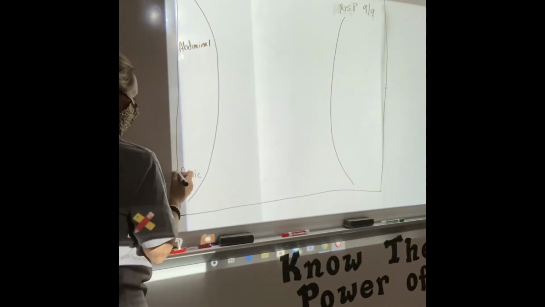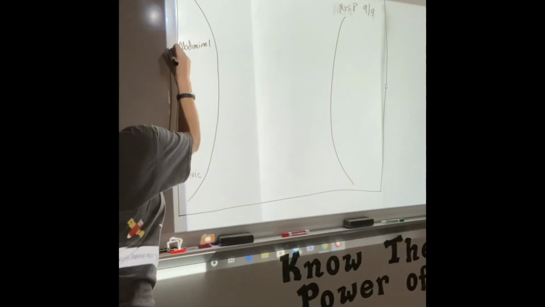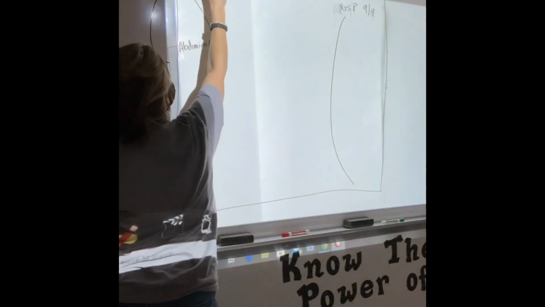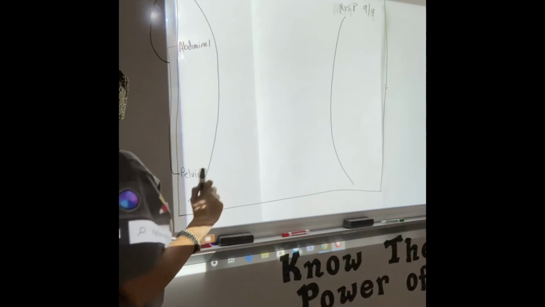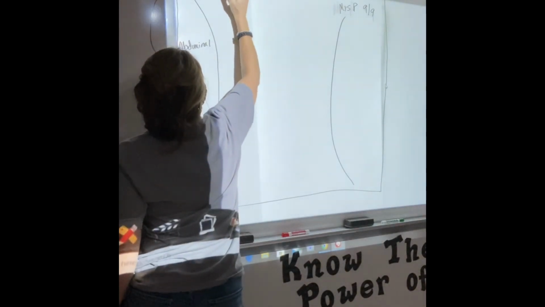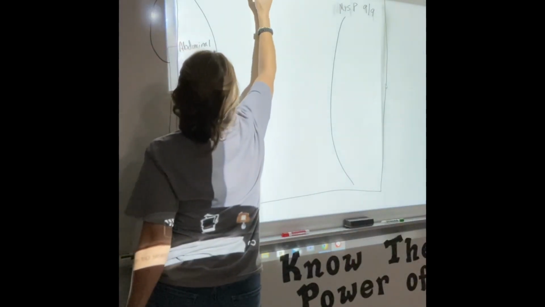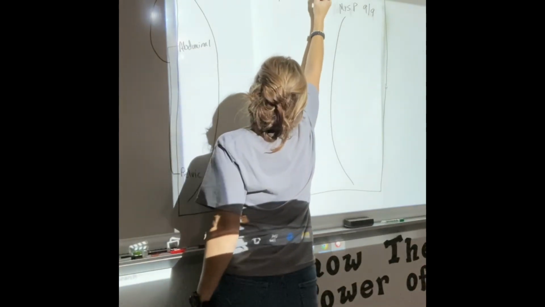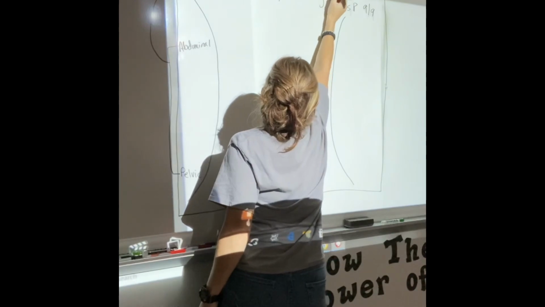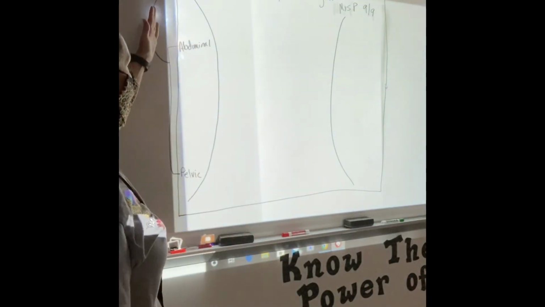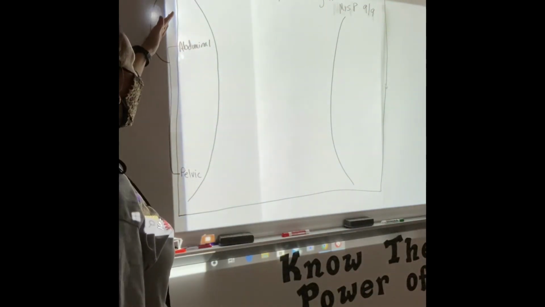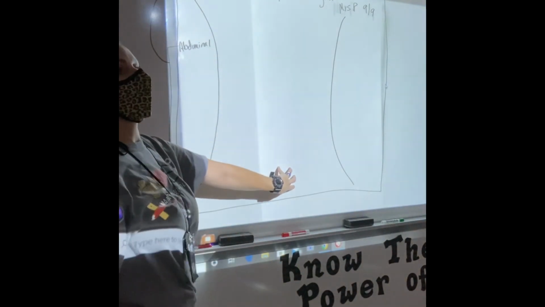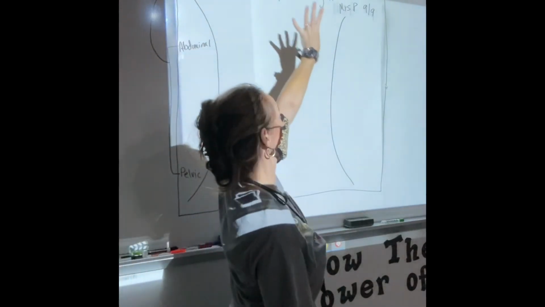Then take a little arrow, connect the two words, and come with another little arrow up here. Now we already have a drawing where we know the abdominal area and the pelvic area together make up the abdominopelvic area.